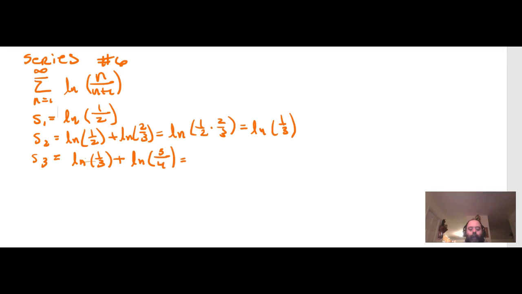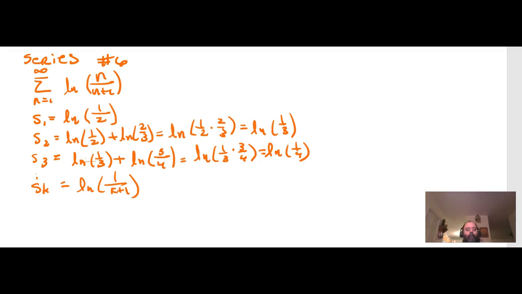By the same logic as above, I get the natural log of 1/3 times 3/4, which gives me the natural log of 1/4. All right, so we see a pattern here. S1 is the natural log of 1/2, S2 is the natural log of 1/3, S3 is the natural log of 1/4. So the kth partial sum should be the natural log of 1 over k plus 1.